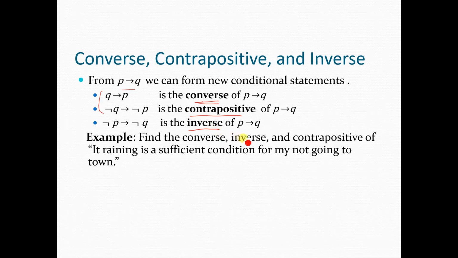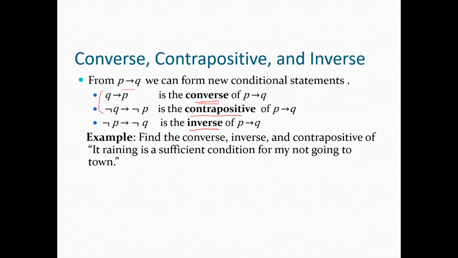So find the converse, inverse, and contrapositive of: raining is a sufficient condition for my not going to town. You can read it as raining is sufficient condition for my not going to town.